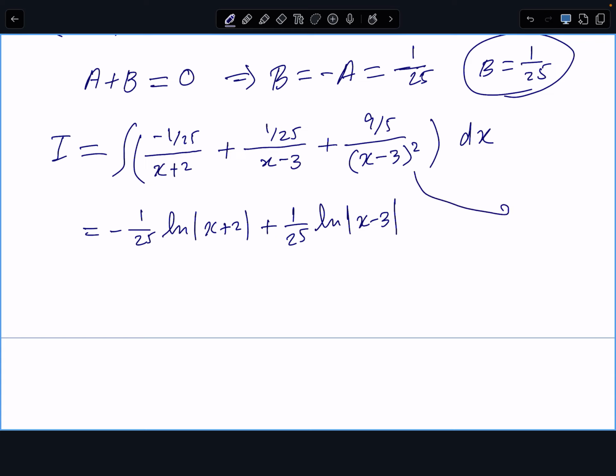And this one is 9 over 5, x minus 3 to the power minus 2. Okay? Therefore, we're gonna have plus 9 over 5, x minus 3 to the power minus 1 over minus 1. Of course it is not written in a nice way.